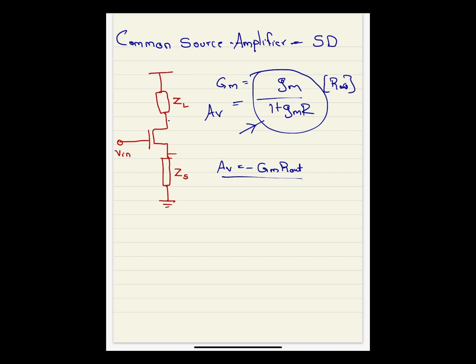So Av is equal to minus Gm into Rout. But in this circuit we know that the capital Gm is not equal to the small gm, so we try to find the relationship between the capital Gm and the small gm. There are a lot of ways to derive this.